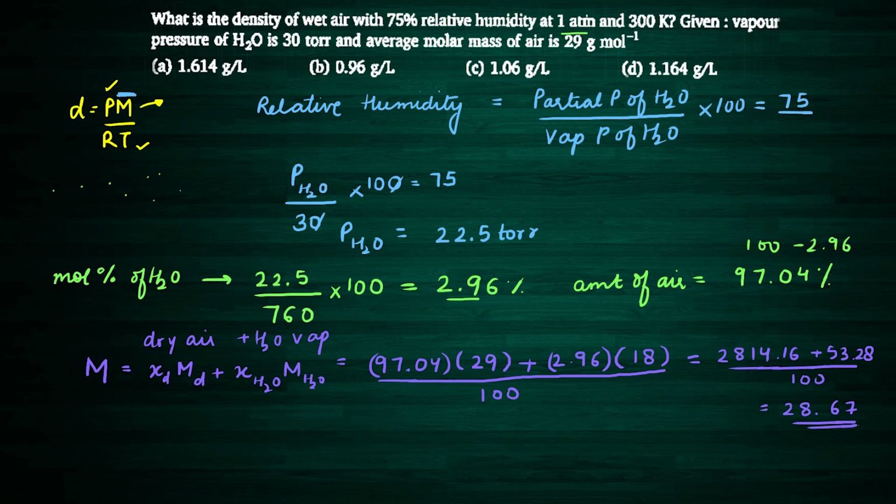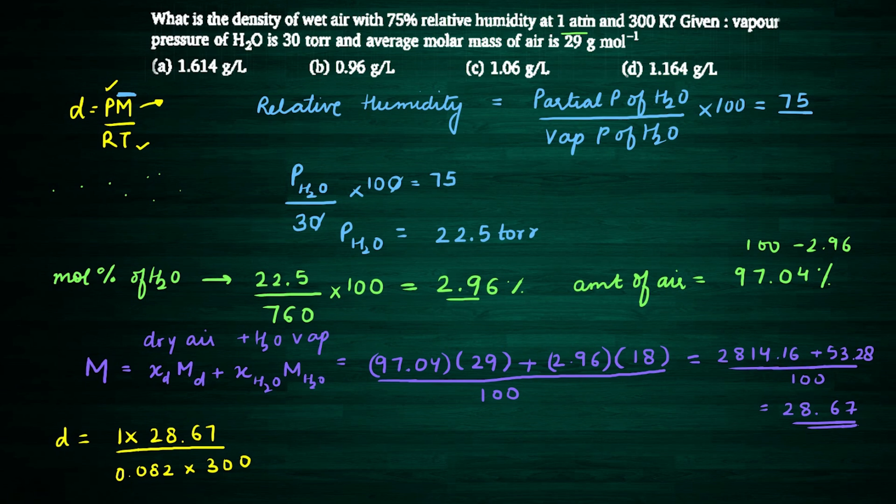Now this is the molecular mass. Now we just have to plug the values into the density expression and get our answer. So the density will be, pressure is 1 atm, the molecular mass is 28.67, divided by R, which is 0.082, times the temperature T, which is 300.